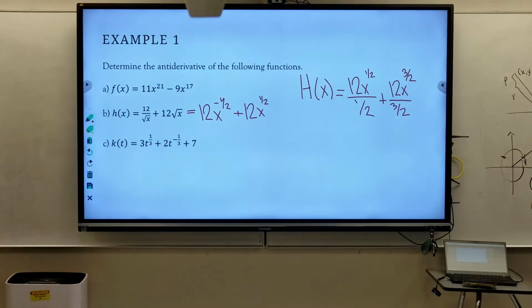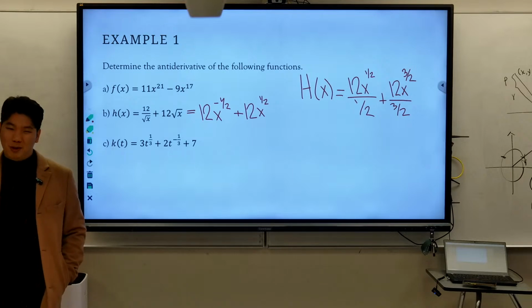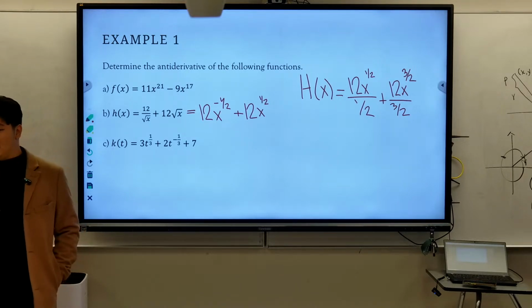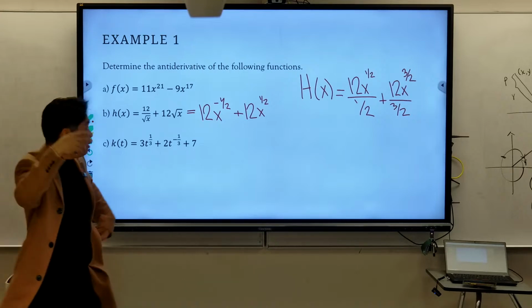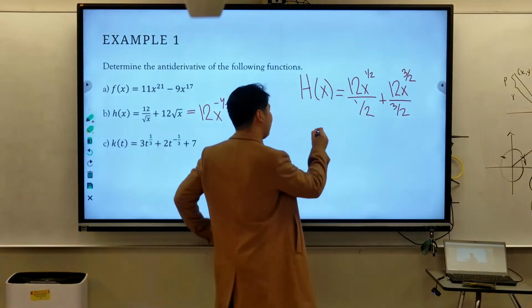And then now I just want to clean up because we don't like having fractions inside of a fraction. How do I deal with dividing by 1/2, for example? Yeah, dividing by a fraction is equivalent to multiplying by its reciprocal, or you may have heard the term keep, flip, change. I keep the whole top expression, I flip my fraction, and then multiply by it.